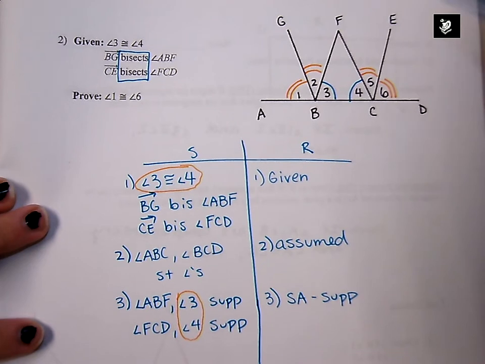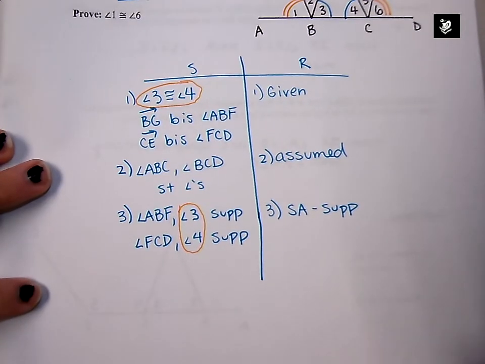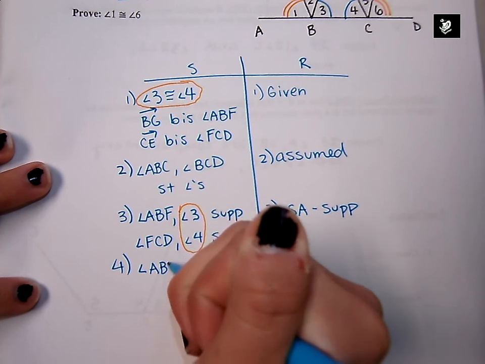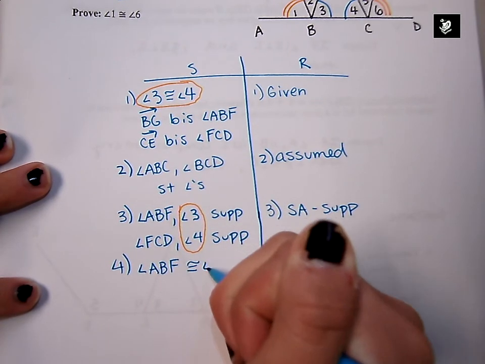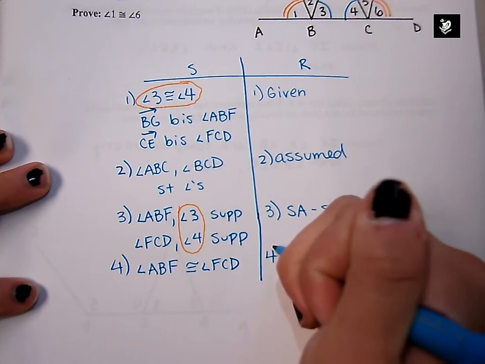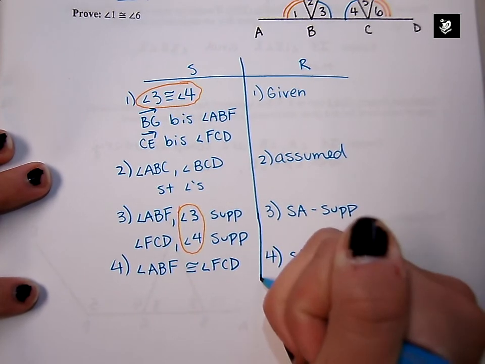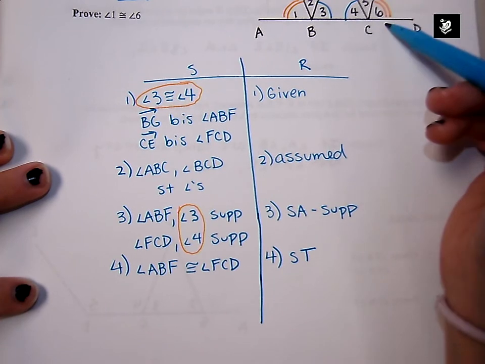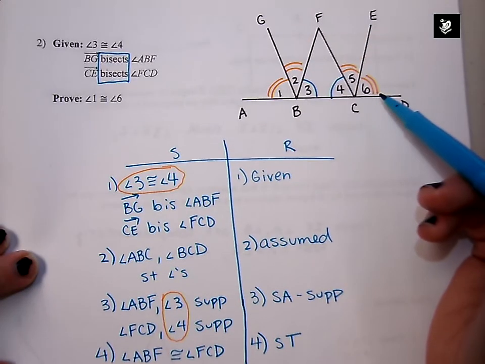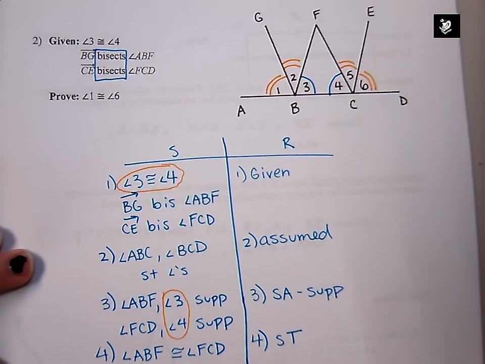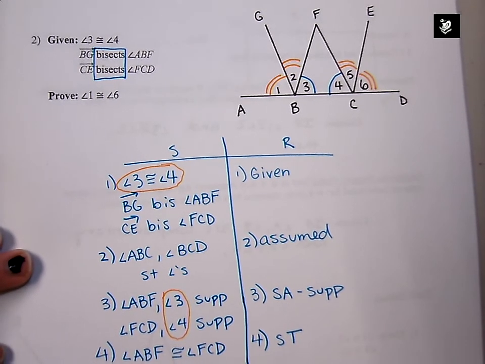So if you remember, our ST therefore states that angle ABF is congruent to angle FCD because of ST. So now I know that my 2 bigger angles are congruent, but I want to prove that their smaller parts are congruent. So I'm going from big to small, and when I go from big to small, I'm usually dividing.